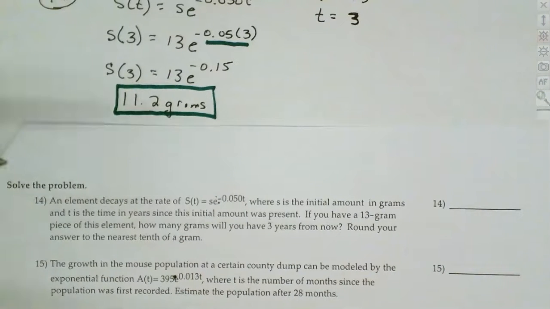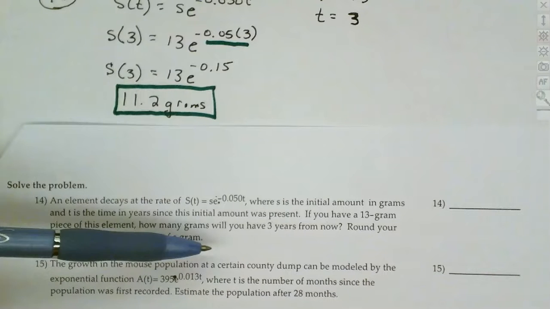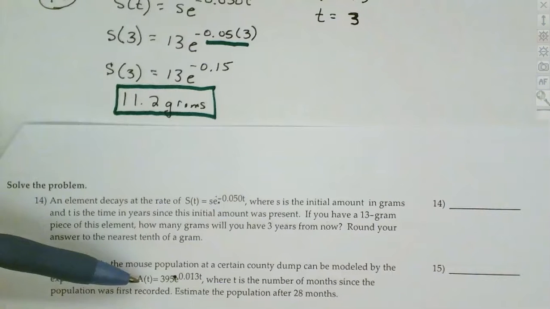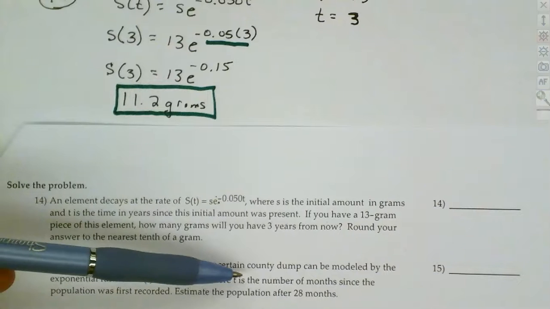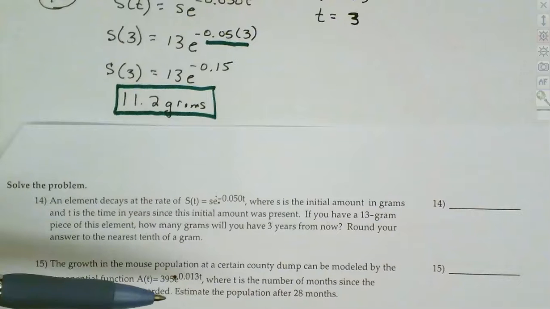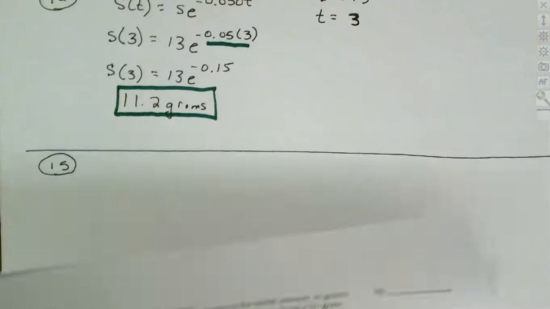So the growth of the mouse population at a certain dump can be modeled by this exponential function, where t is the number of months since the population was first recorded. We want to estimate the population after 28 months. So we write up our formula.